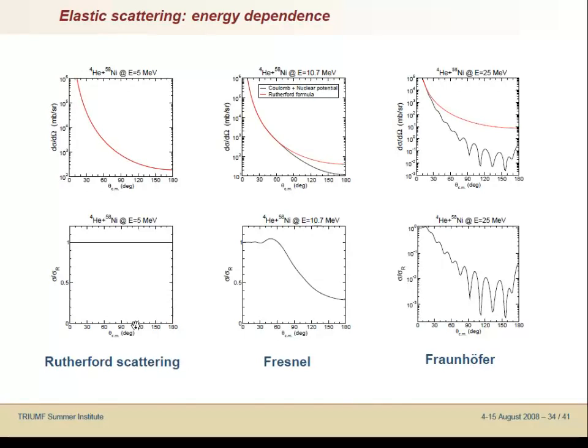These are the trajectories that go on one side of the target nucleus or the other side, and they are scattered to the same angle, and then they interfere. I don't know if you remember the plot that Filomena showed this morning. And this intermediate situation corresponds to what is called in heavy ion scattering the Fresnel situation, Fresnel collision.